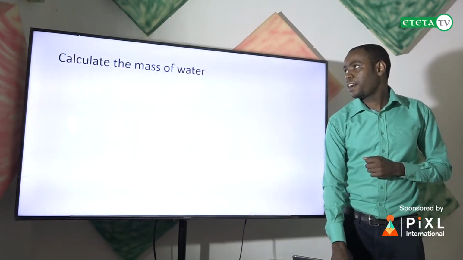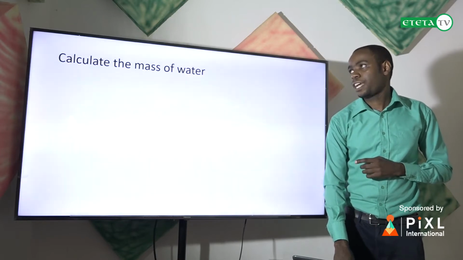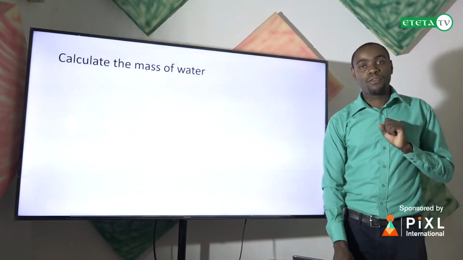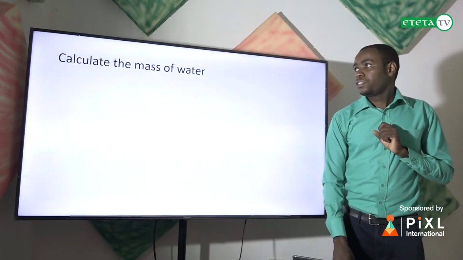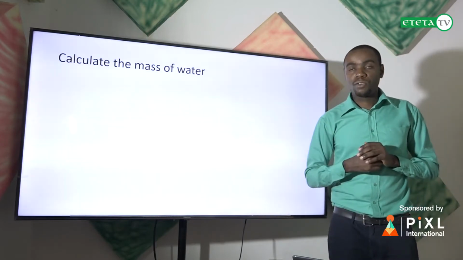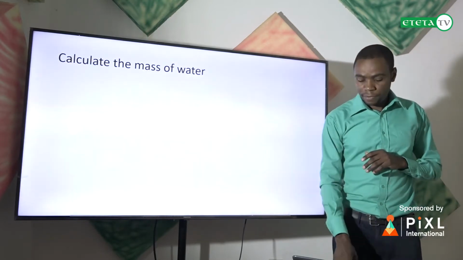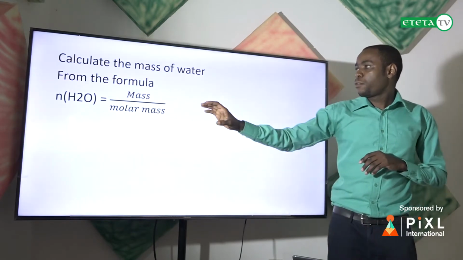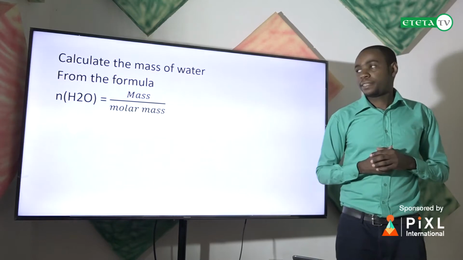Now, what's required is to calculate the mass of water. Remember, you have been asked to calculate the volume of water, so in order to get the volume, first you have to get the mass of water. How could you get the mass of water? We are using the formula: the number of moles is equal to mass over molar mass.